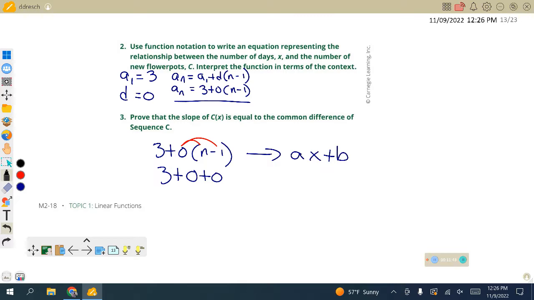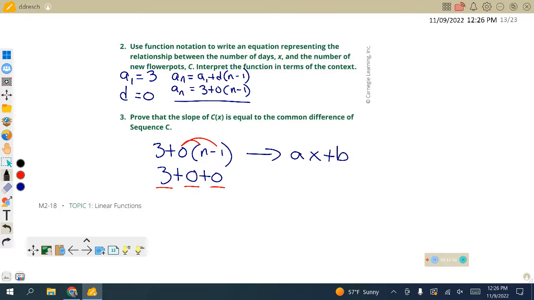Don't put an n there. If you do this, you're telling me 0 times 1 is 1. Is 0 times 1 1? No, you broke math. Don't break math. Okay? So don't put an n there. It's gone. Now we have like terms.